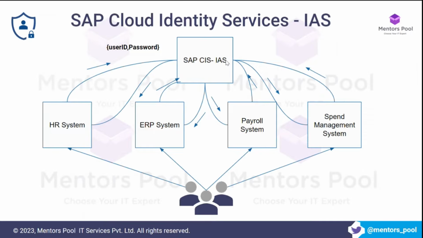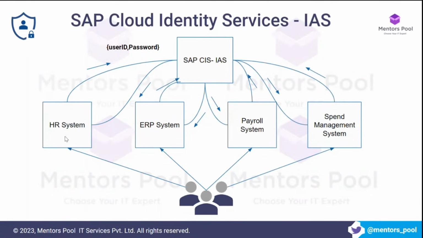Okay. So now again, same figure. To resolve this issue of different user ID and password for each system, and developing an authentication mechanism for each system, what did SAP do? SAP came with one system called Cloud Identity Services, which stores identity data and provides an authentication mechanism.